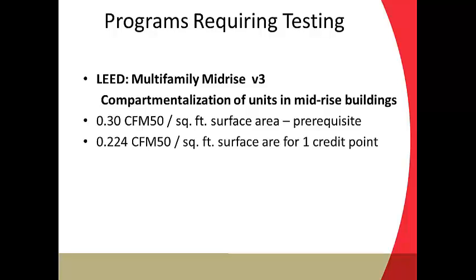And then also you can get credits for air tightness. If you get it tighter than 0.224 CFM per square foot of surface area, you can get credits for it. And it follows the Energy Star high-rise protocol, so it refers to that, so you know what steps to follow for that.